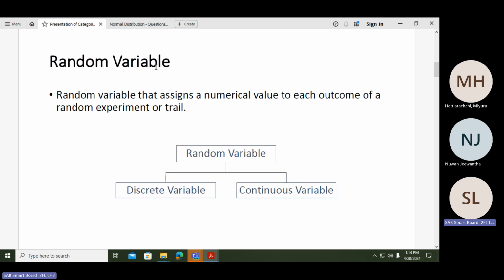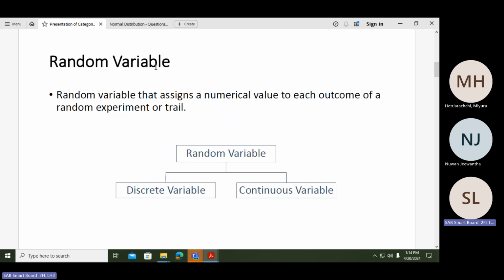In statistics, normally we denote the random variable as X. Then X means what now? What is our random variable in here? Number of heads we can get. So X is the number of heads. What is it?